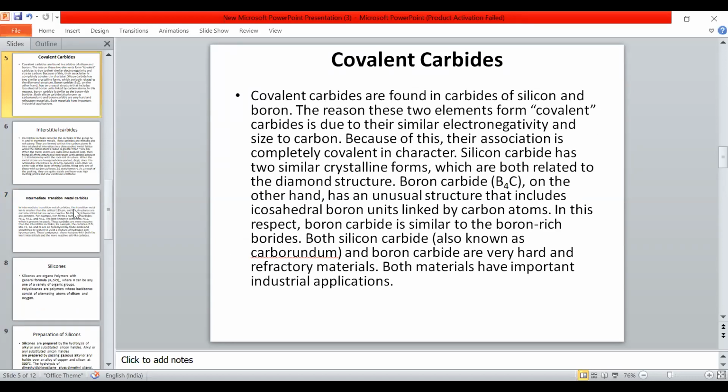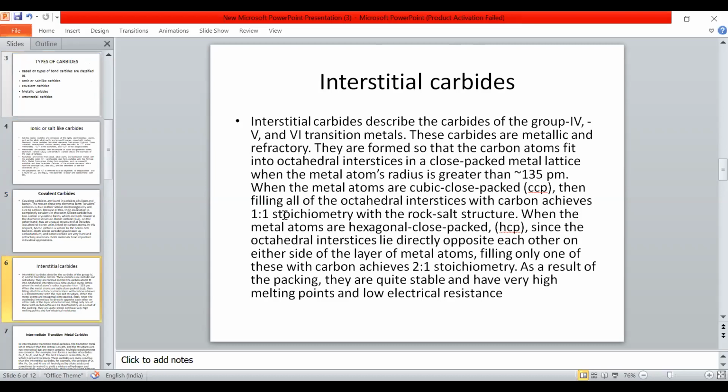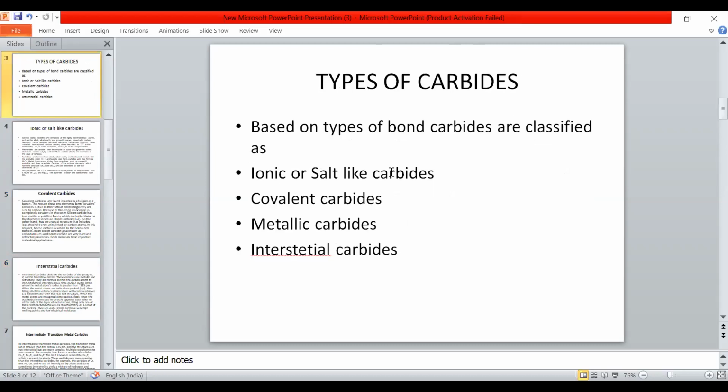And when we go for interstitial or metallic carbides, there is one type only. Actually, in types of carbides, I have shown you 4, but there are 3 only: ionic or salt-like carbides, covalent carbides, and metallic carbides. They are all metallic only. But if the distance between two atoms of a metal is less than 135 ppm, carbon cannot go into that space.